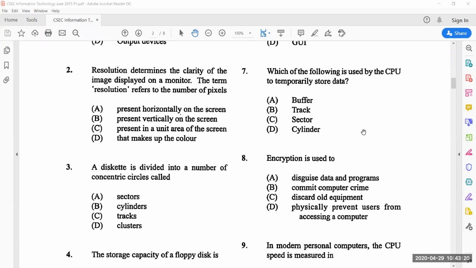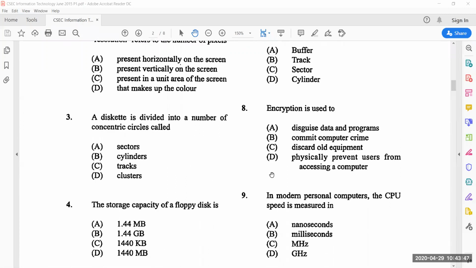Which of the following is used by the CPU to temporarily store data? Right, so for temporary storage of data, that will be done by the buffer. Okay, so a buffer temporarily stores data.